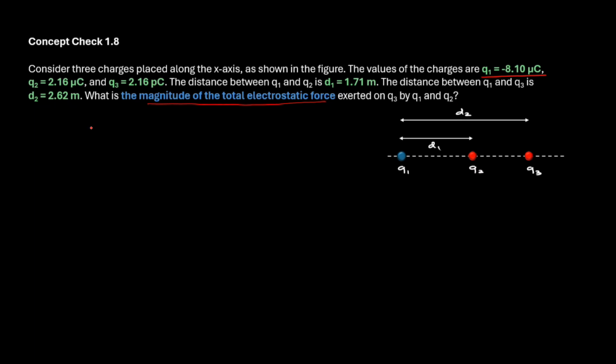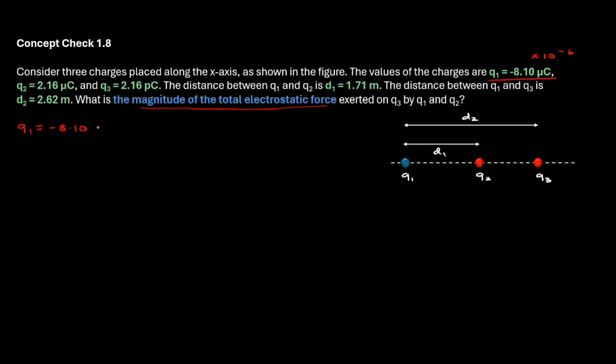So let us first write down the magnitude of these charges. I have Q1, which has a charge of negative 8.10 microcoulomb. Micro has a multiplier of 10 to the power negative 6. So I'm going to multiply this charge with 10 to the power negative 6 coulomb. Q2 is 2.16 microcoulomb.